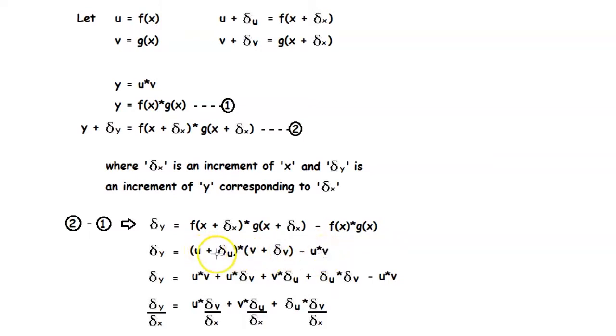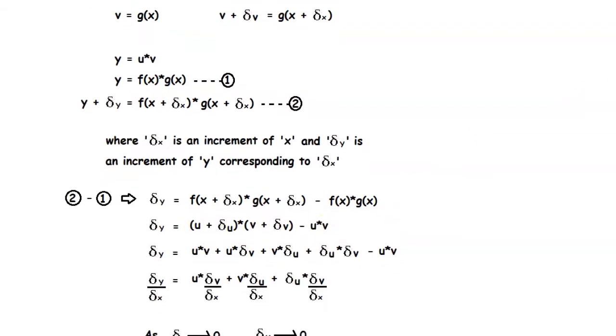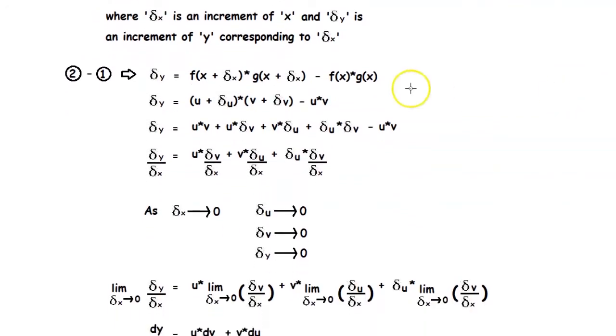So then we can open these brackets. When we open these brackets, we get delta y is equal to u multiplied by v plus u multiplied by delta v plus v multiplied by delta u plus delta u multiplied by delta v minus u multiplied by v.